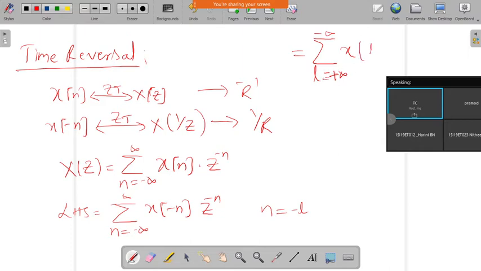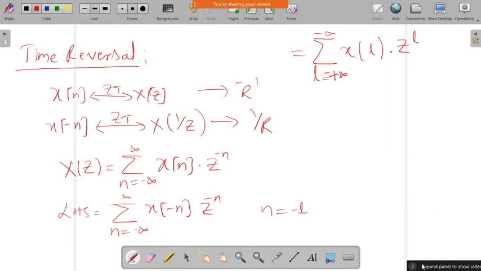Then it will give x of L into z power plus L. Now, this summation again looks like the same summation, L equal to minus infinity to plus infinity x of L. This we can write as z power minus 1, whole power minus L. In order to bring it to this form, I am putting it as z power minus 1 whole power minus L.